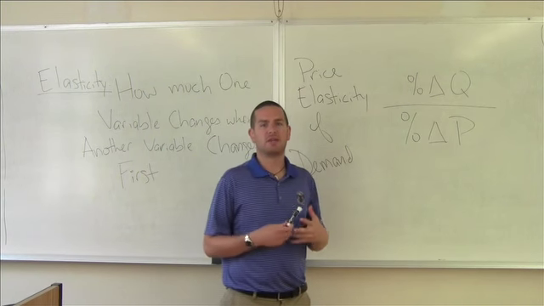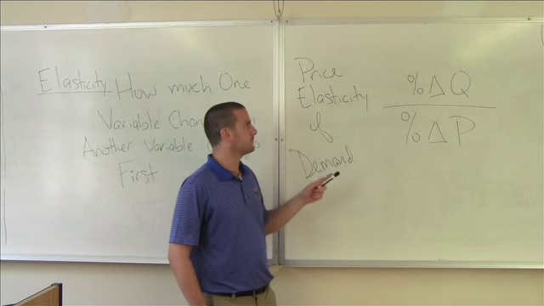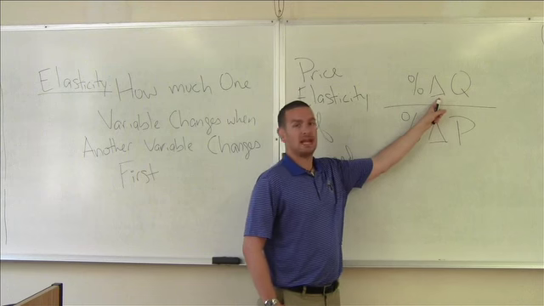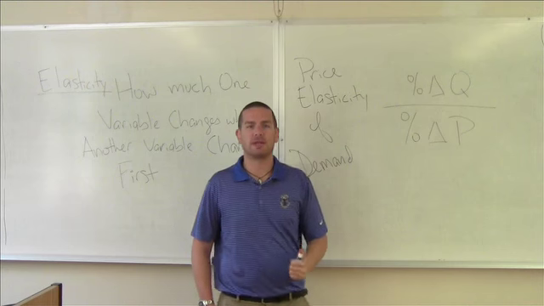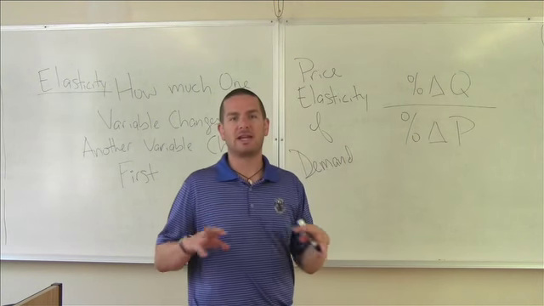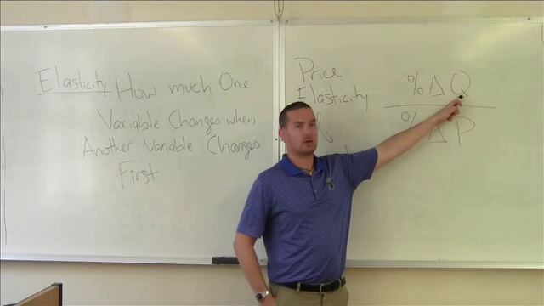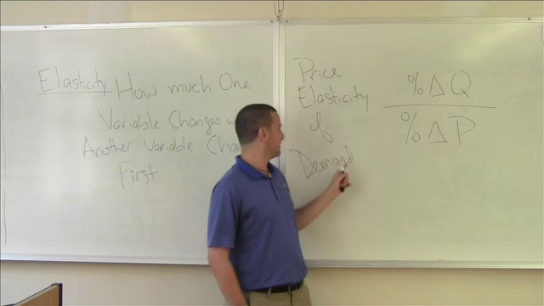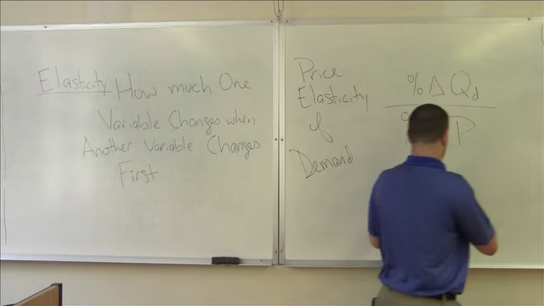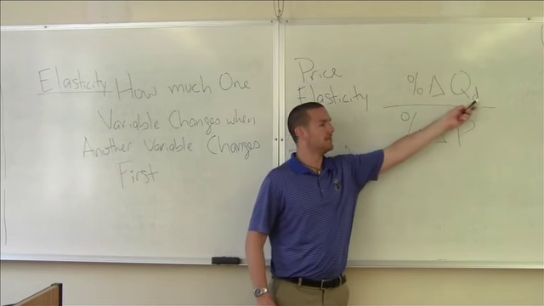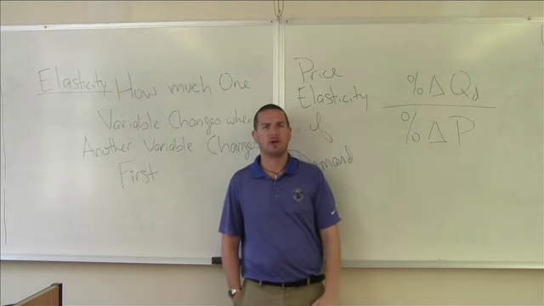Formally, the way you would calculate the price elasticity of demand is the percent change of quantity demanded divided by the percent change of price. I hope you know what this triangle means. It's Greek, delta, the rate of change.